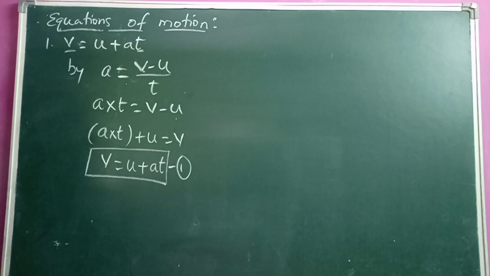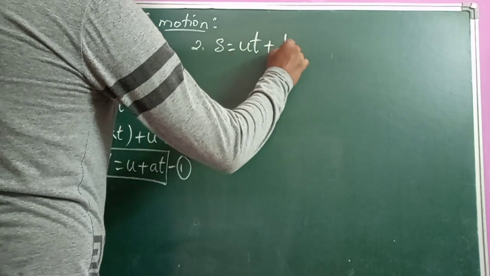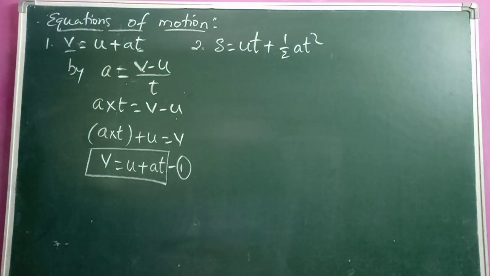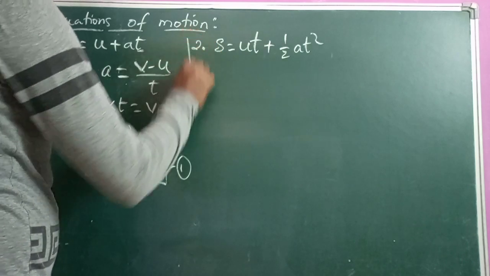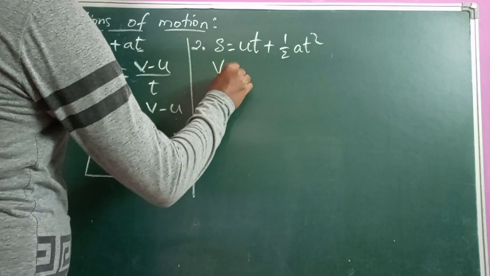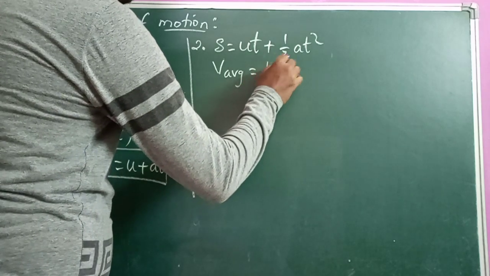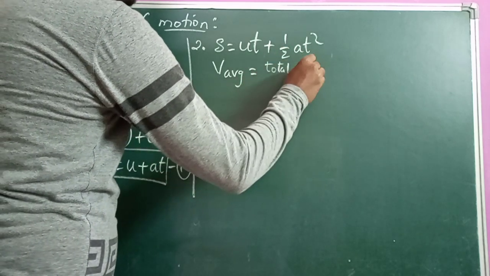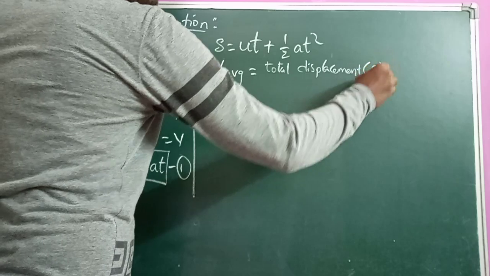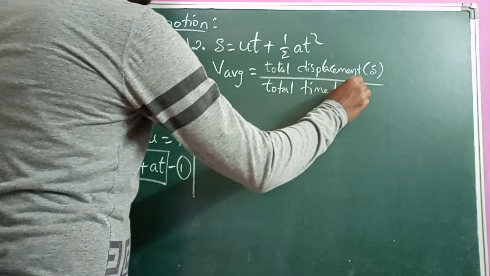Next, second equation of motion. S is equal to UT plus half AT square. S is equal to UT plus half AT square. This equation can be derived from, as we know, the average velocity formula is total displacement by total time taken.